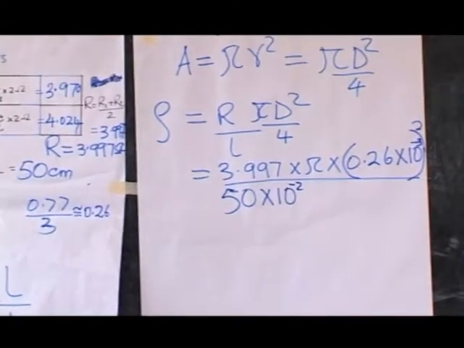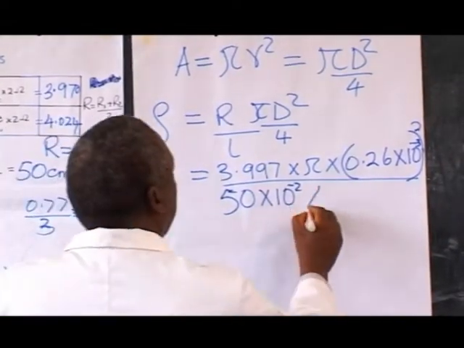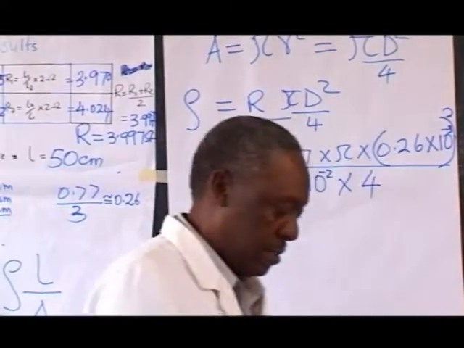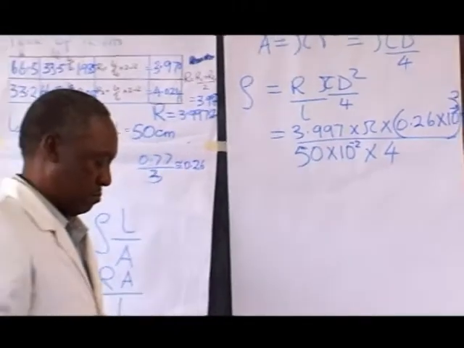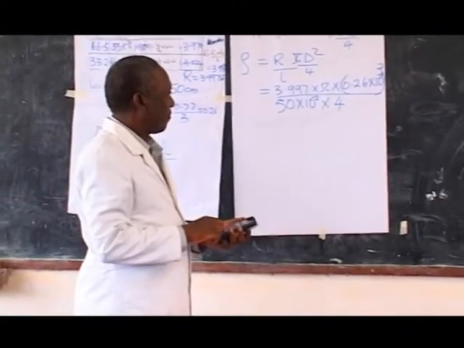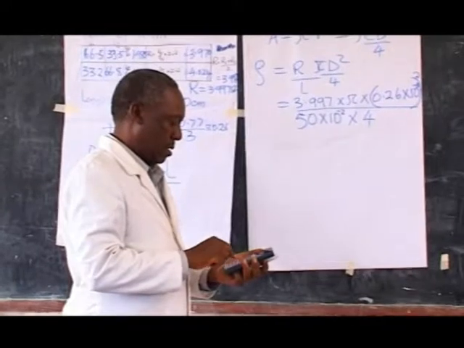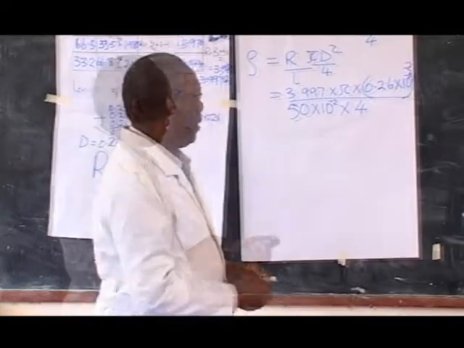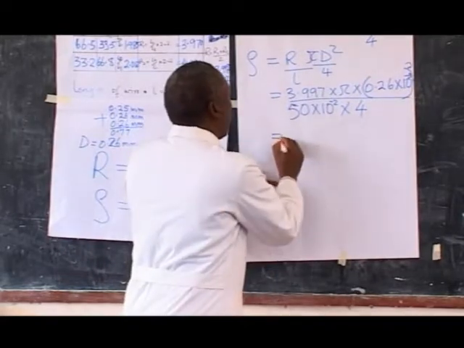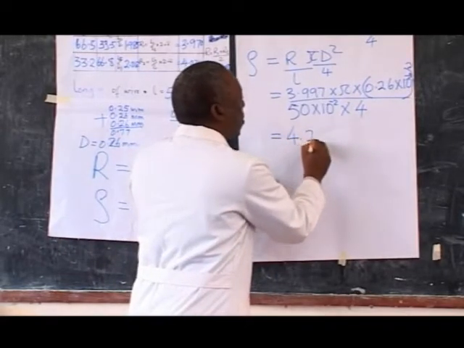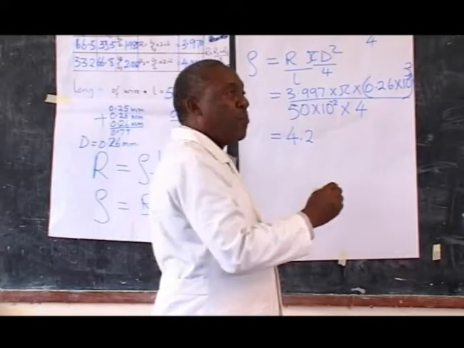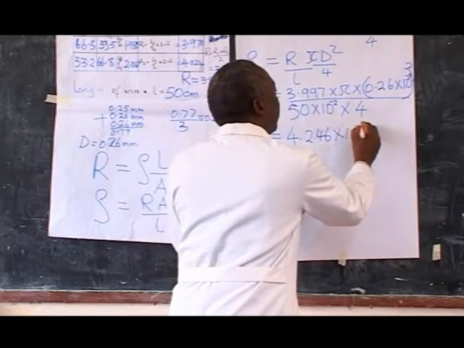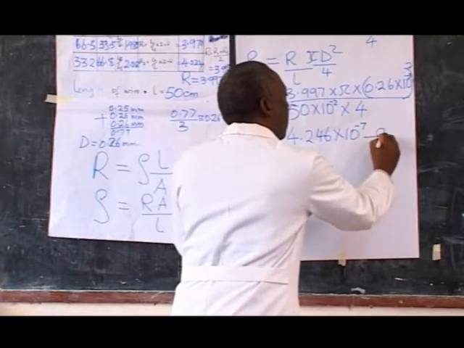Put them in meters, and then times 4. Now, calculating this one here, this comes to be 4.246 times 10 to the power negative 7 ohm meter.